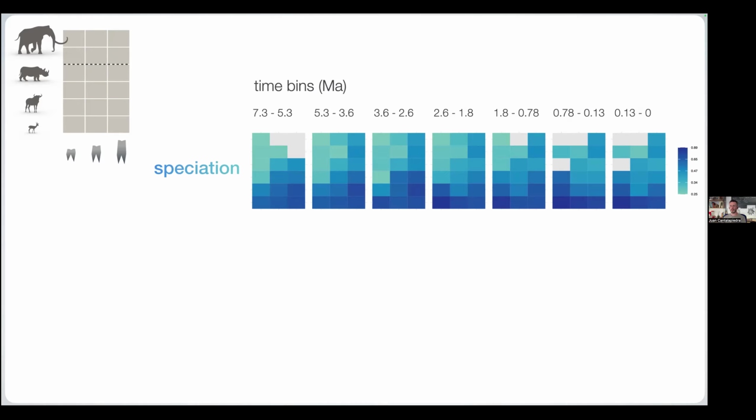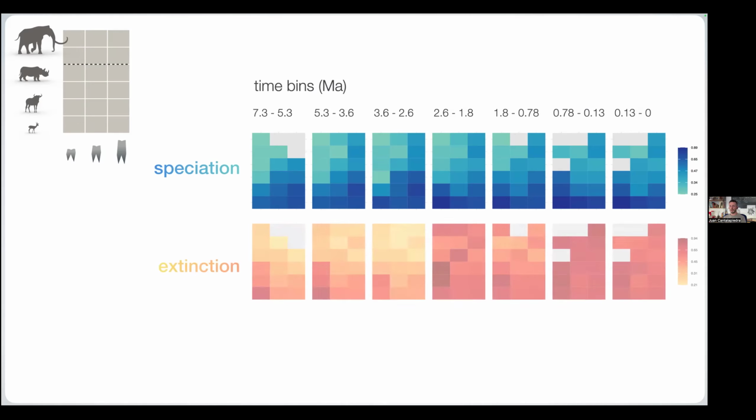So you can see that, again, larger things speciate slower, and especially if you are in the left part, which is the brachydont part. So large brachydonts were speciating slower compared to the rest. Looking at extinction, things become much more interesting because we don't have a huge change in the top part, but definitely the extinction plots are very interesting.